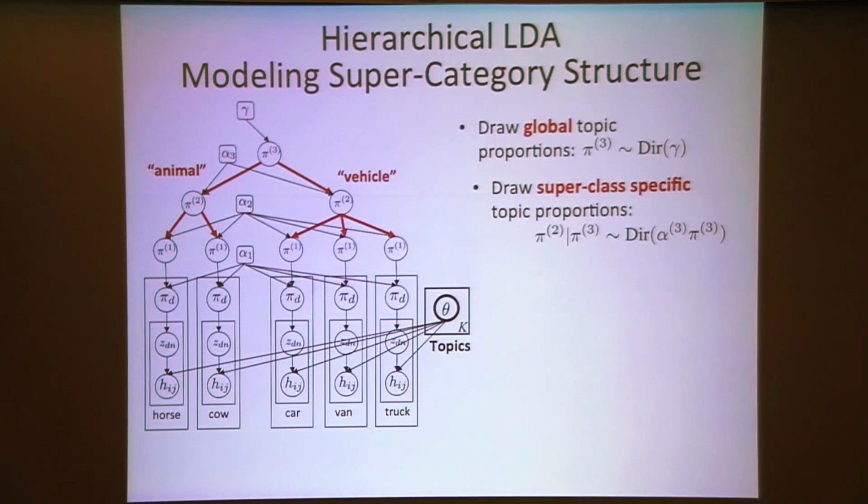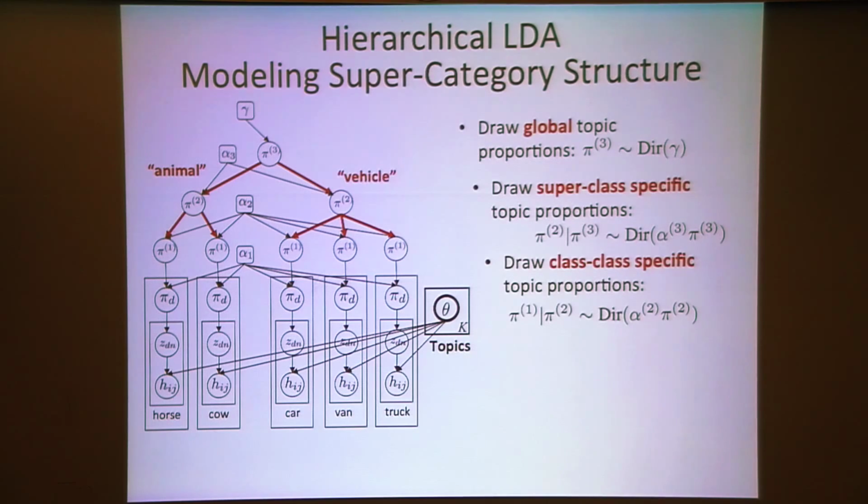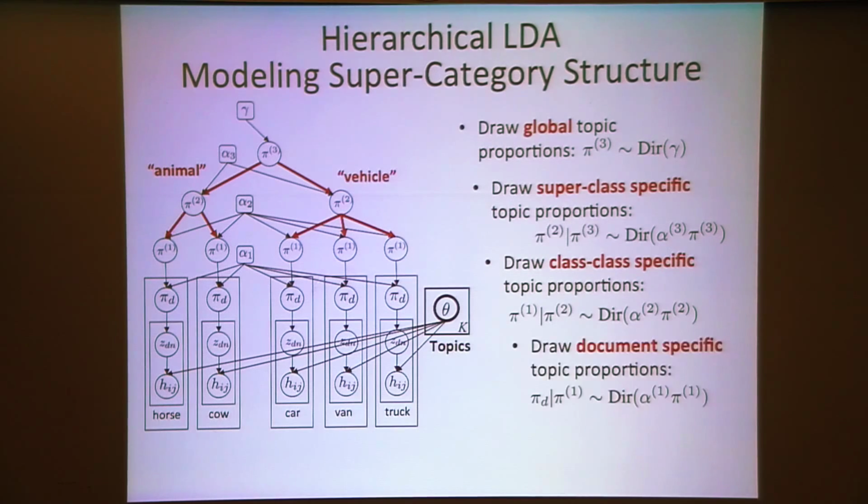You want to make a distinction between the two. Then you can draw class-specific topic proportions. So horses might have certain high-level features, and cows might have certain other high-level features, but there is sharing happening at this level. And then you draw document-specific, or image-specific, topic proportions.